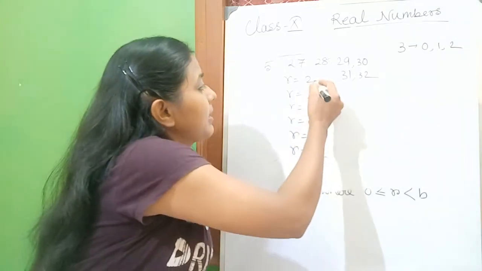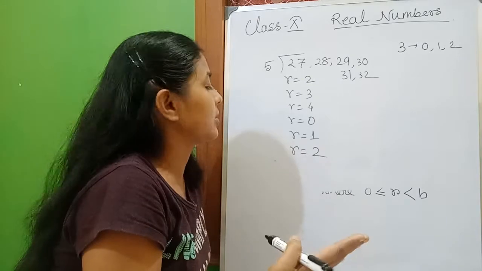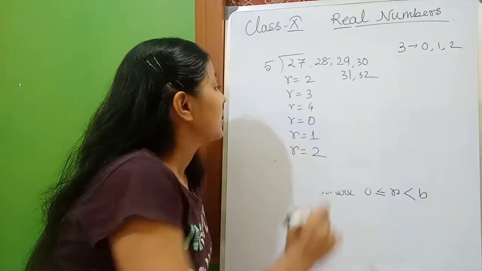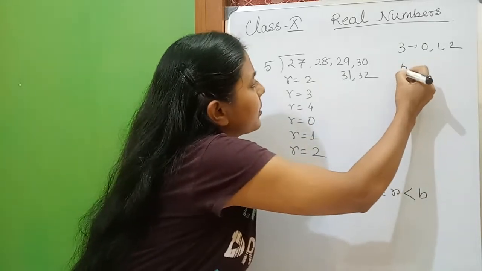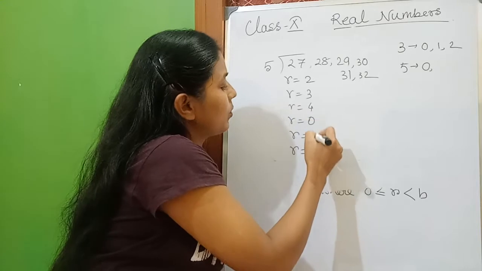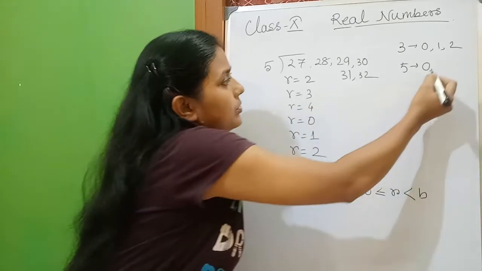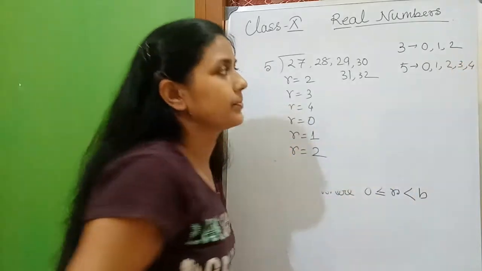So again we started with 2, we came back to 2, and the rest will be a recurring part. So for 5 we are getting the remainder possibilities 0, 1, 2, 3, 4.